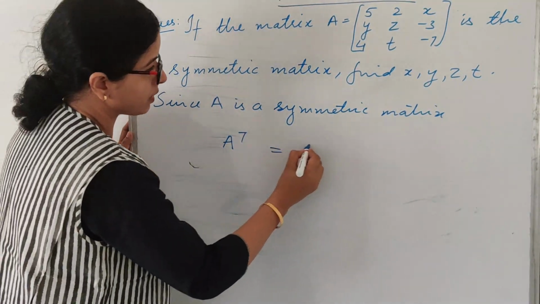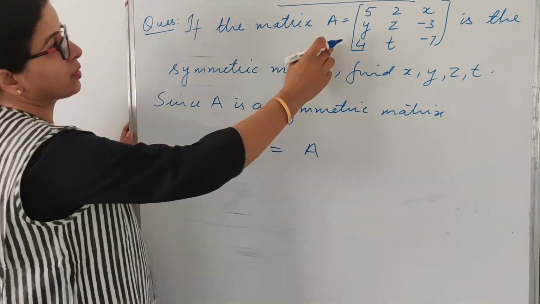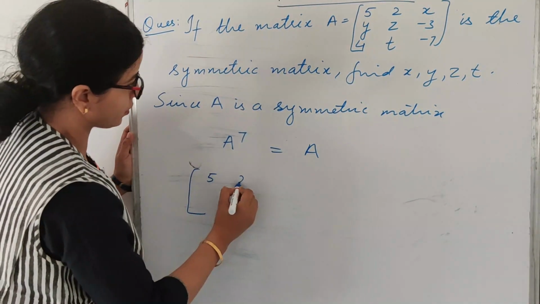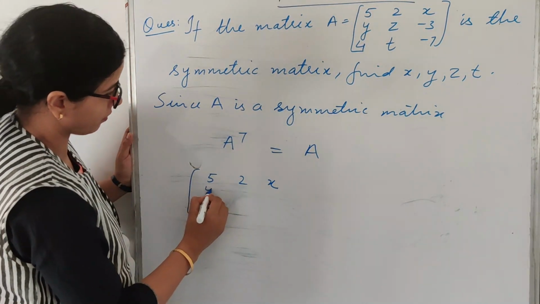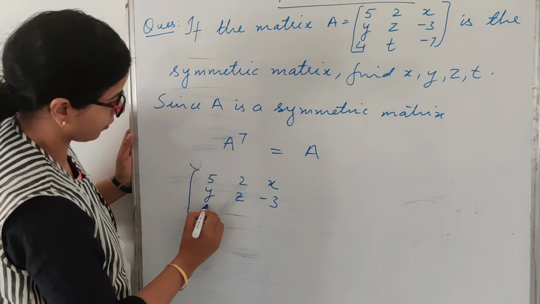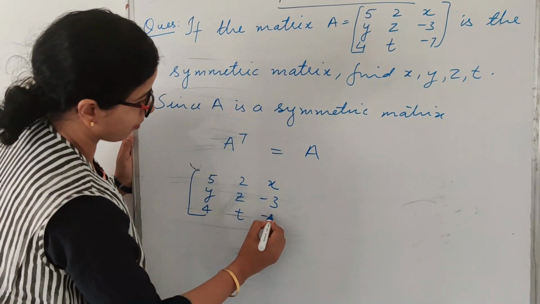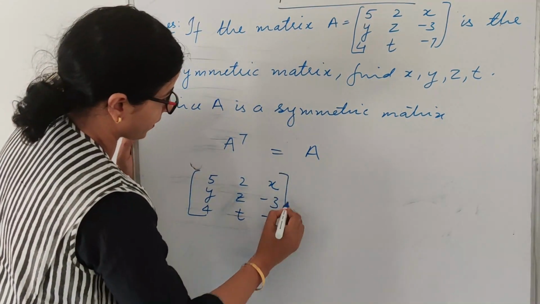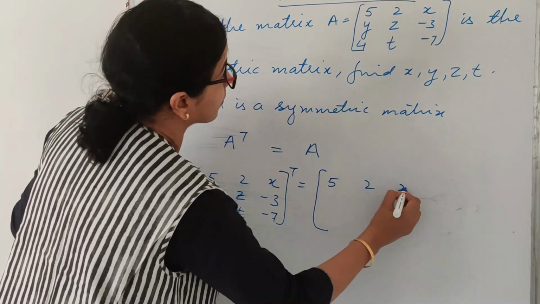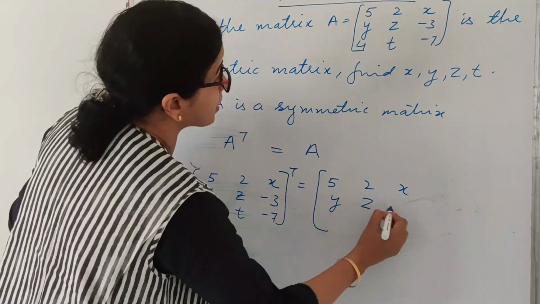A transpose is equal to A, right? So now write the matrix 5, 2, X, Y, Z, minus 3, 4, T, minus 7, transpose is equal to the matrix itself.